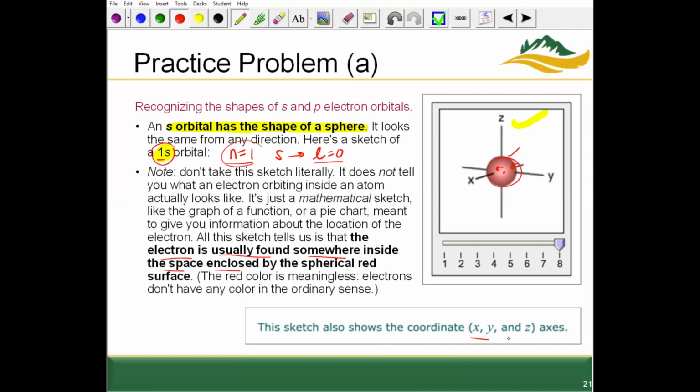And to show these again, this is our x, y, and z axes. We're used to working with x and y coordinates, but there is a third one we can introduce to have more 3D shaped objects like a sphere and like those p, d, and f orbitals as well.